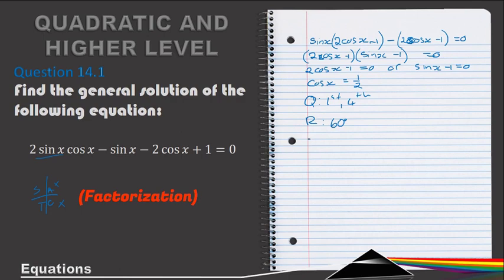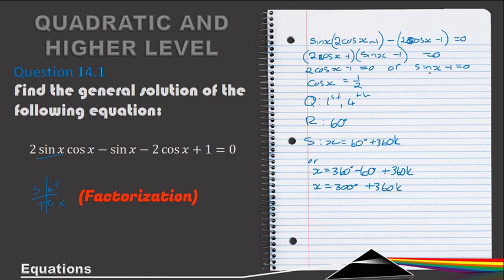And then to solve for the first quadrant, we just have that x is equal to 60 degrees plus 360k, or x is equal to, for the fourth quadrant, 360 degrees minus my reference angle plus 360k. So to simplify, x is equal to 300 plus 360k.